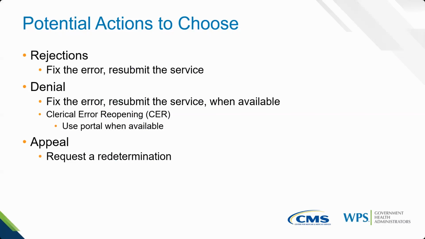You might be able to use a process called the clerical error reopening, or CER, to fix those clerical errors. CMS defines clerical errors, which include minor errors or omissions, as human or mechanical errors on the part of the party or the contractor. I'll talk more about the CER process later in this webinar.